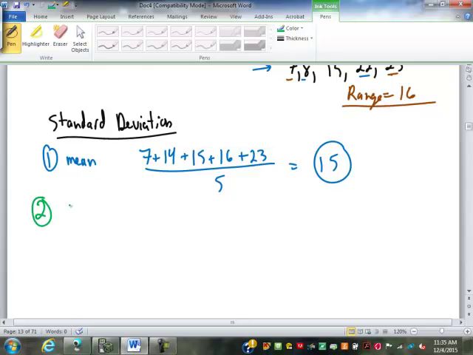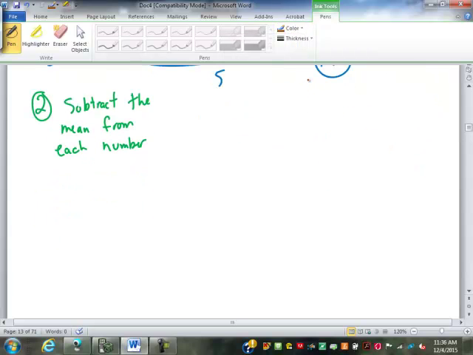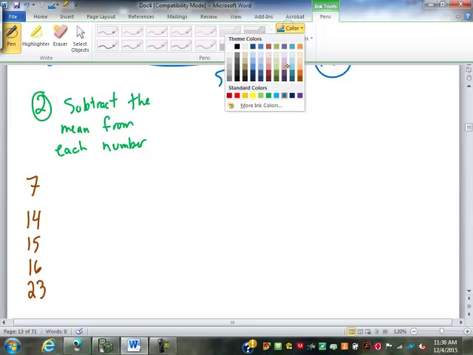Step 2 is to subtract the mean from each number. So I'm going to list out my numbers here, and I'm going to subtract my mean from each of them.